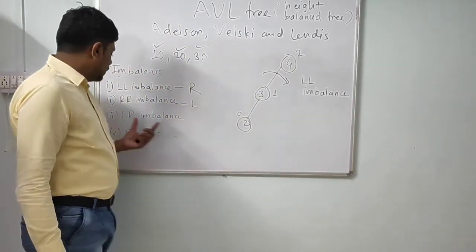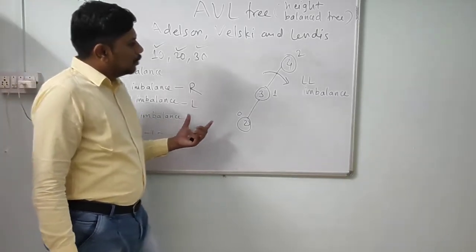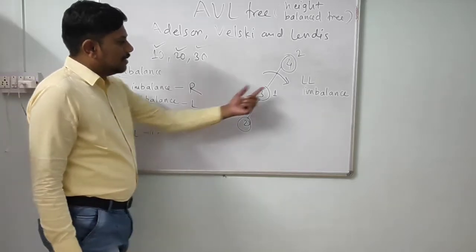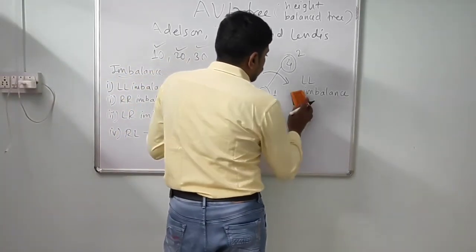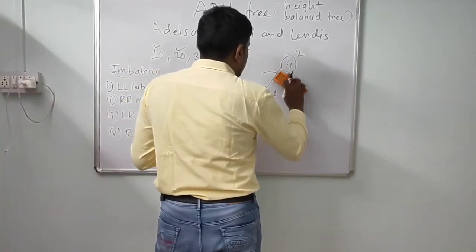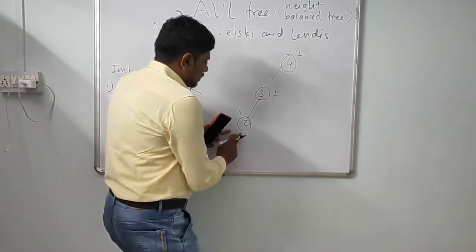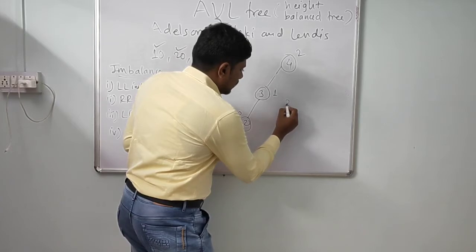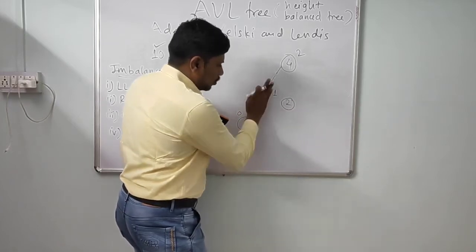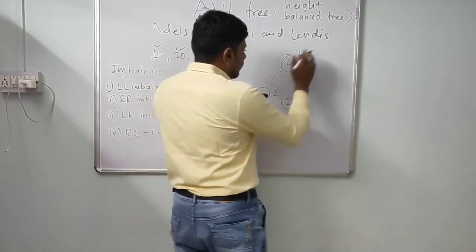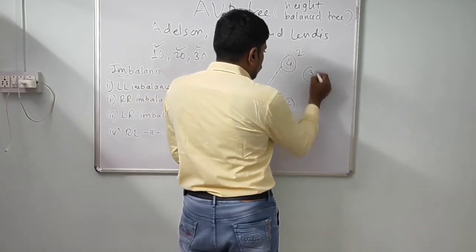Whenever there is LR imbalance, you need to perform two rotations. First rotation is left rotation and then right rotation. What will be the right rotation here? We have already seen that. 2 will take the place of 3, pushed upward, and 3 will take the place of 4.